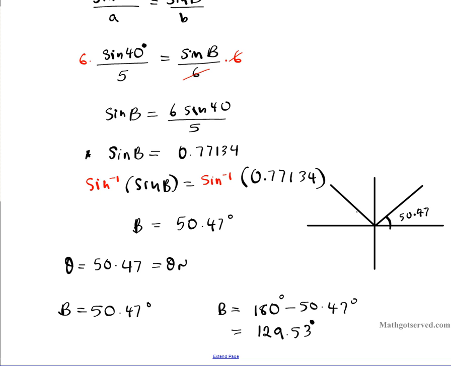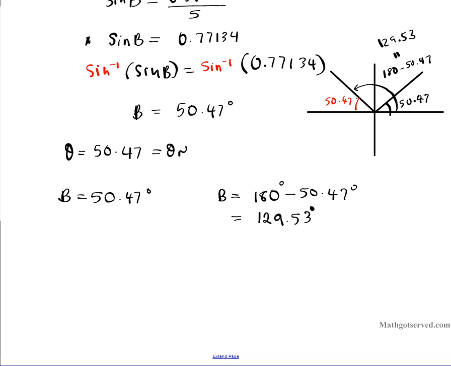The second possible value is what you get when you use 50.47 as your reference angle. It's this measure right here, and all you do is go 180 minus 50.47, and the answer you get is 129.53. Now that we have our two candidates, which of these makes it possible to formulate a triangle?